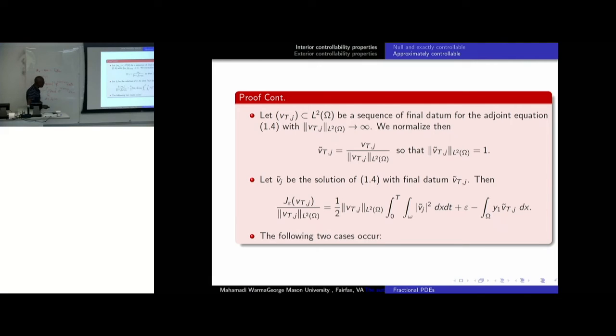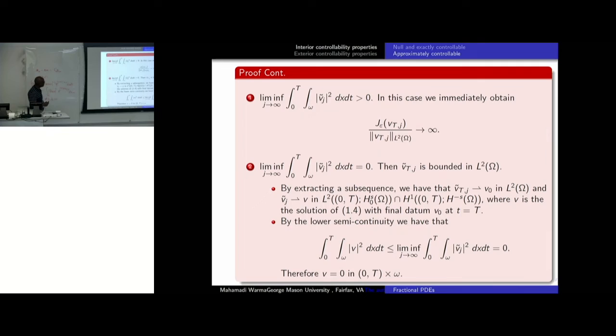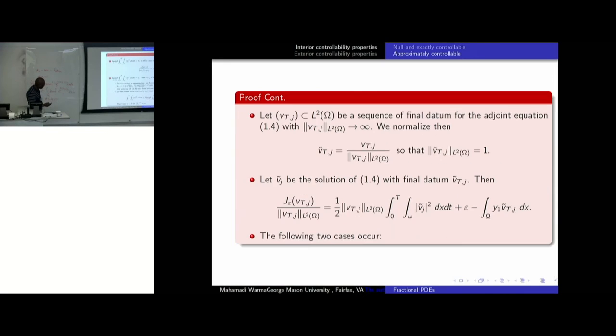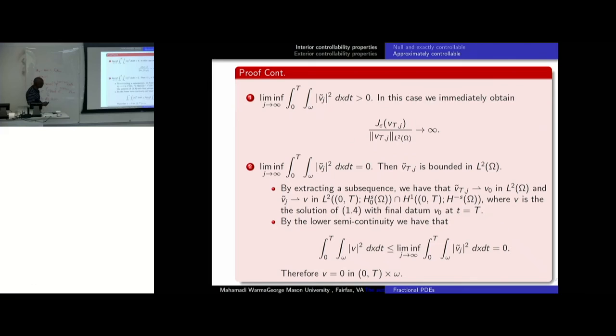Then with this equality, two cases occur. What is the first one? That this liminf is positive, what we have here. If this liminf is positive, then of course in this case the functional goes to infinity, and we are done.